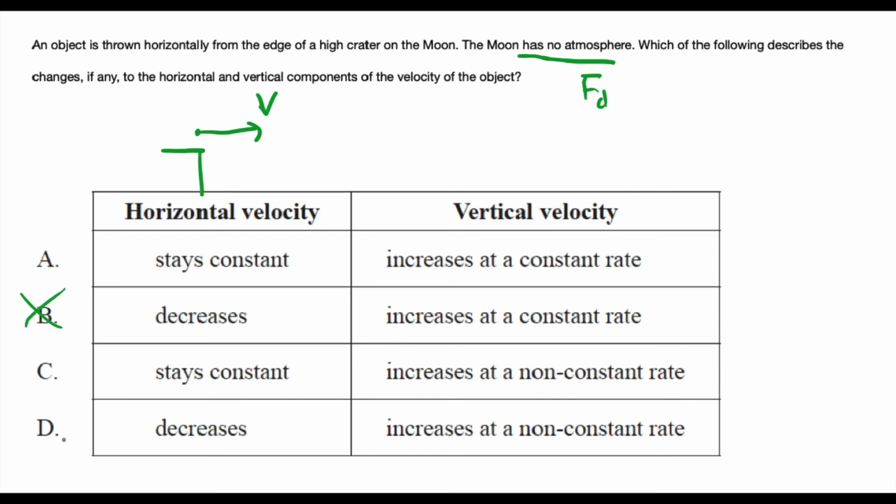So B and D are wrong. For the vertical velocity, since there is no drag force, the only acceleration will be the gravitational acceleration by the moon. So if there's a constant acceleration, its vertical velocity is going to be changing at a constant rate. So A is correct.